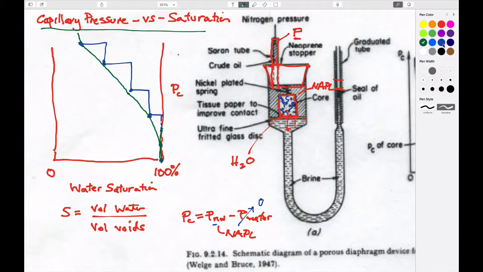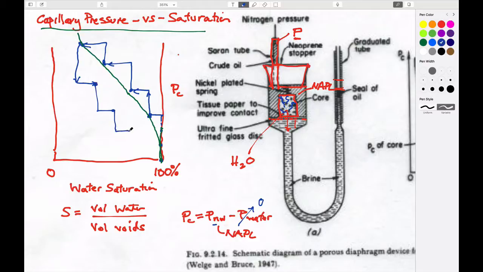Now if we did the opposite, if we decided to stop here and we drop the pressure, so I could draw little arrows on here if I wanted to. So now we're going to drop the pressure, and it goes to this new point.